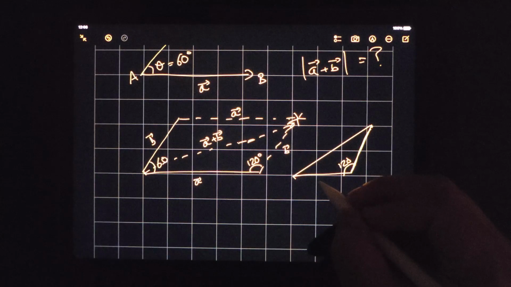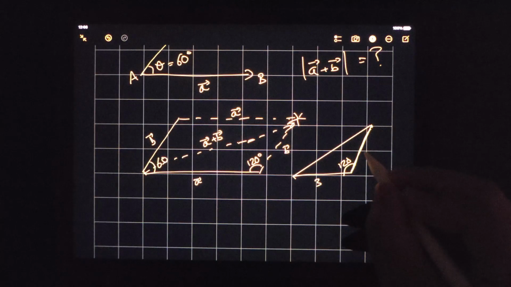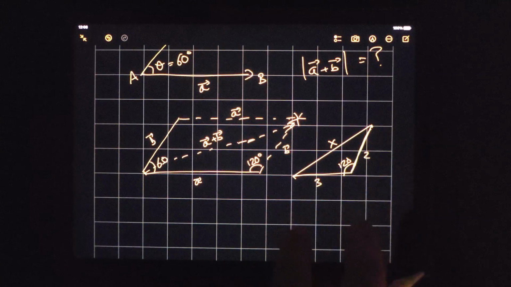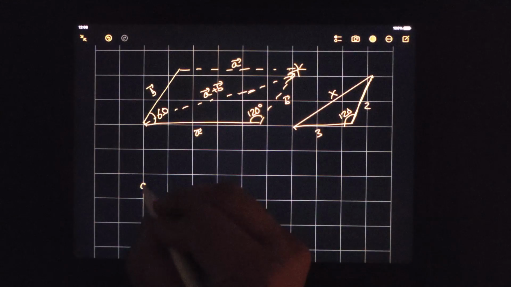So I know that this side is equal to 3 and that side is equal to 2. And I want to find that out, right? And my x is basically this.